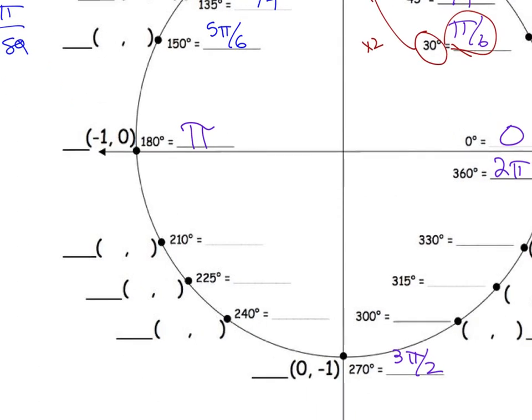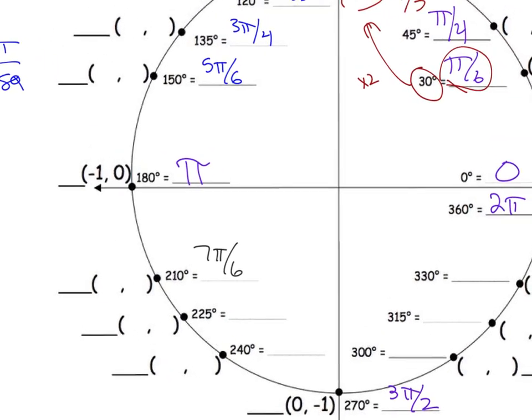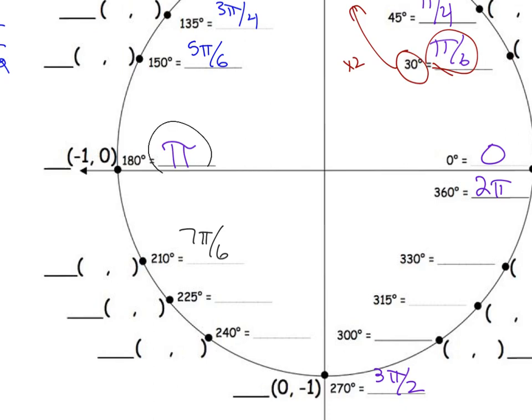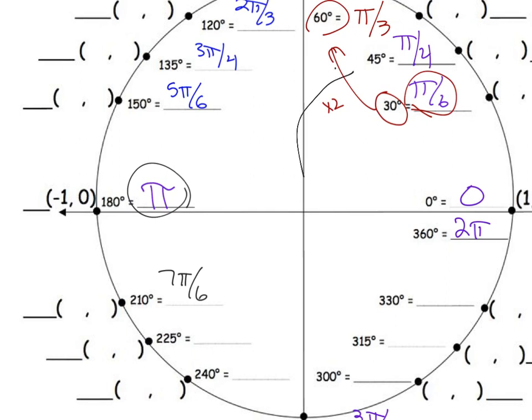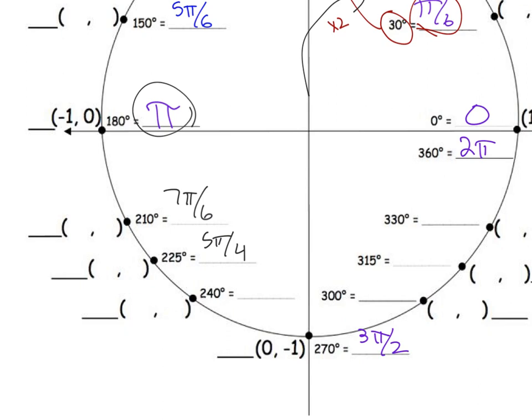So this becomes pi plus pi over 6, which is 7 pi over 6. 225 is going to be pi plus pi over 4, so it's going to be 5 pi over 4. And then 240 is going to be pi over 3 plus pi, so this becomes 4 pi over 3.